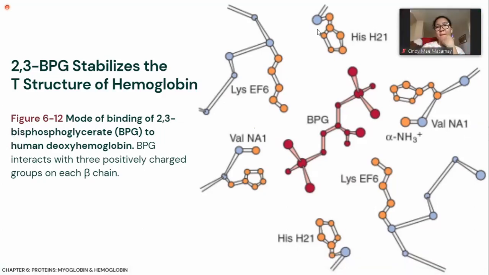Because it does not have the ability to utilize oxygen. The utilization of oxygen in cells is because of the presence of mitochondria.